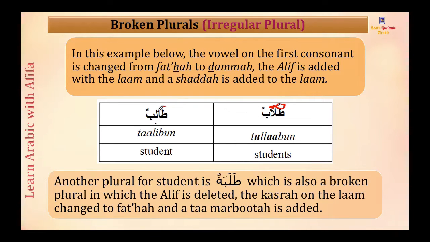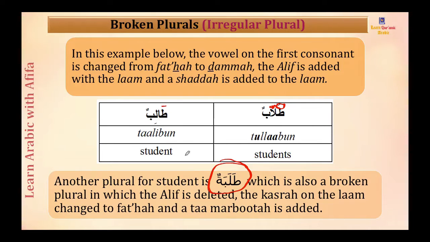Some words have a second plural, which is not as common, but sometimes a word will have two plurals. And as we will study later, this is another pattern of a plural, which has a ta marbuta at the end, which is normally a sign of feminine, but you will be able to recognize that it follows a pattern of broken plural. That's why you will recognize that this is a plural.